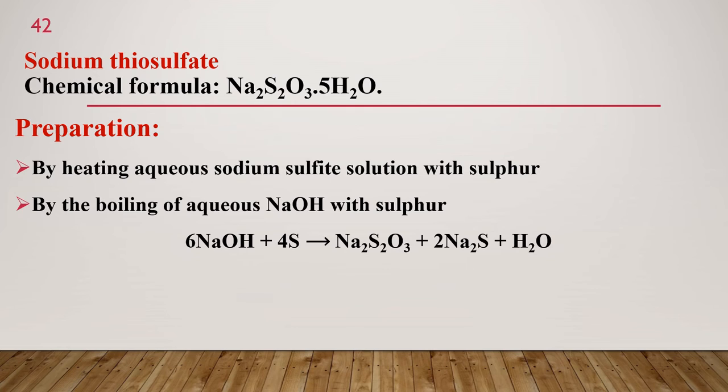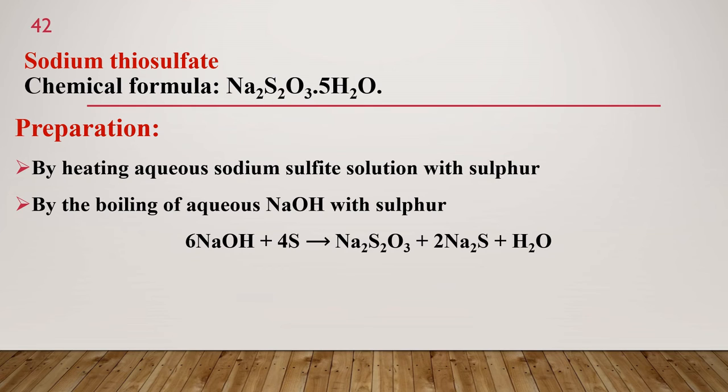Sodium thiosulfate. The chemical formula for sodium thiosulfate is Na2S2O3.5H2O. Preparation of sodium thiosulfate salt involves heating of aqueous sodium sulfite solution along with sulfur.